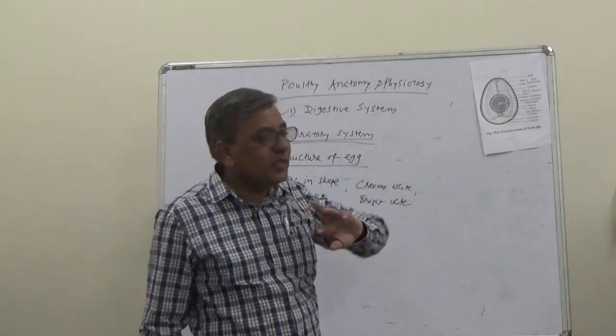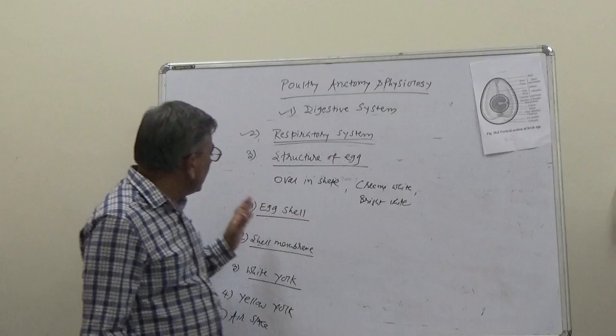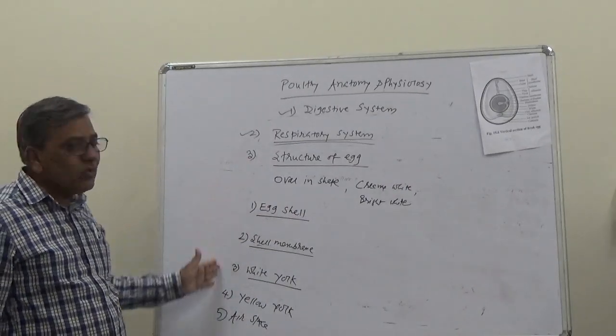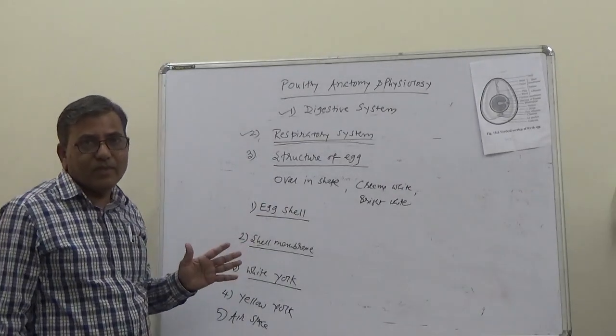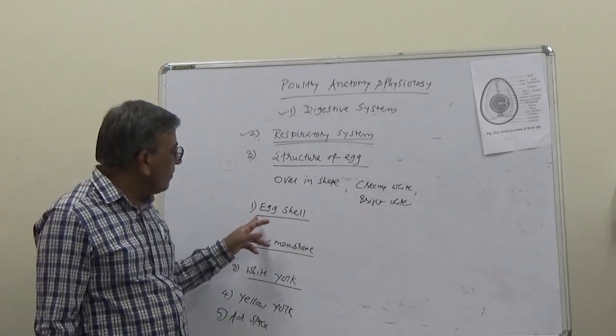You can observe it in the diagram also. So these are the four important parts of a poultry egg.